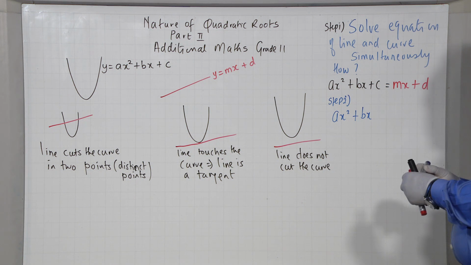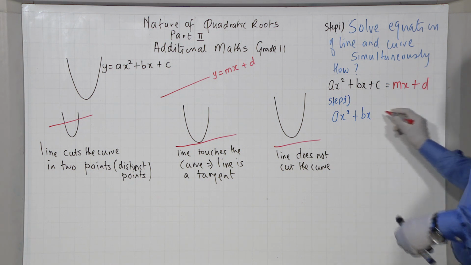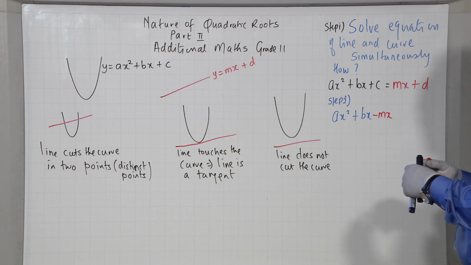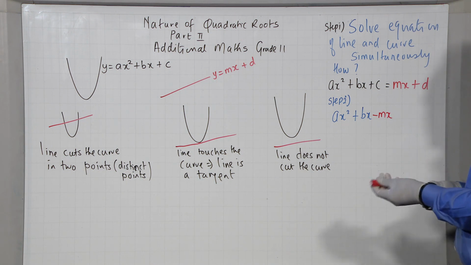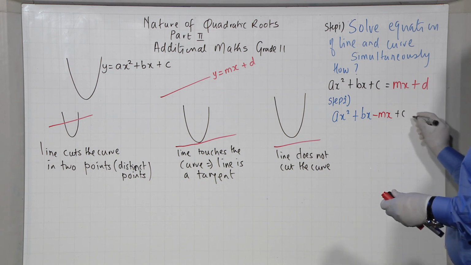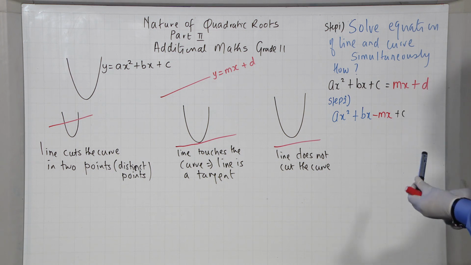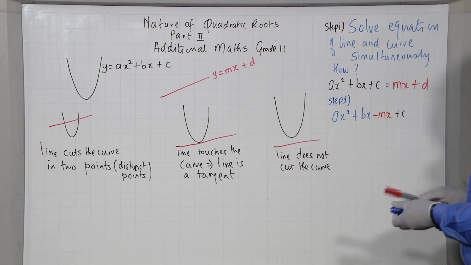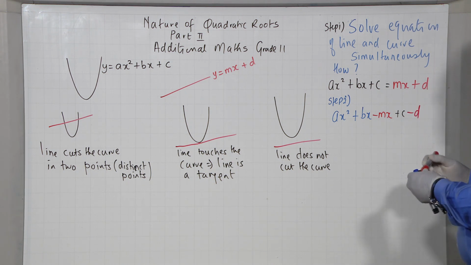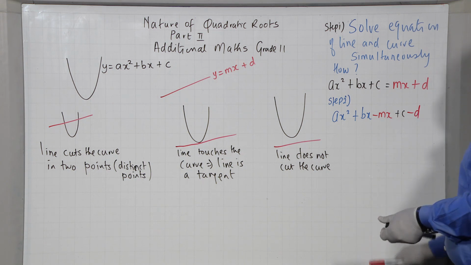The mx will go, so it will become minus mx from right-hand side to left-hand side. Plus c was here on the left-hand side. The plus d goes on the left-hand side and becomes minus d, equal to 0.